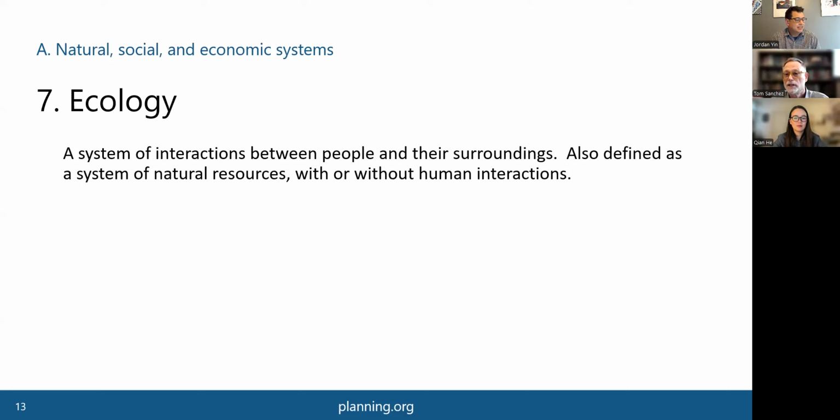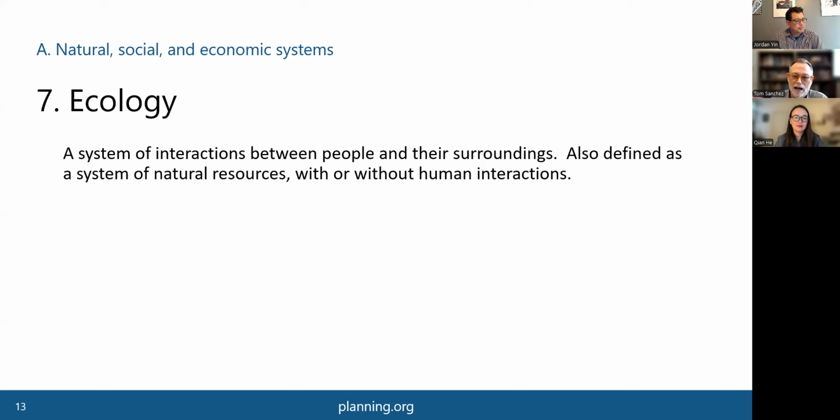And ecology, and I think this is probably one of the older terms, and again covering a lot of areas, because we think about environmental ecology, and today we refer to ecology in technology, the ecological systems in technology, and social dimensions related to that.